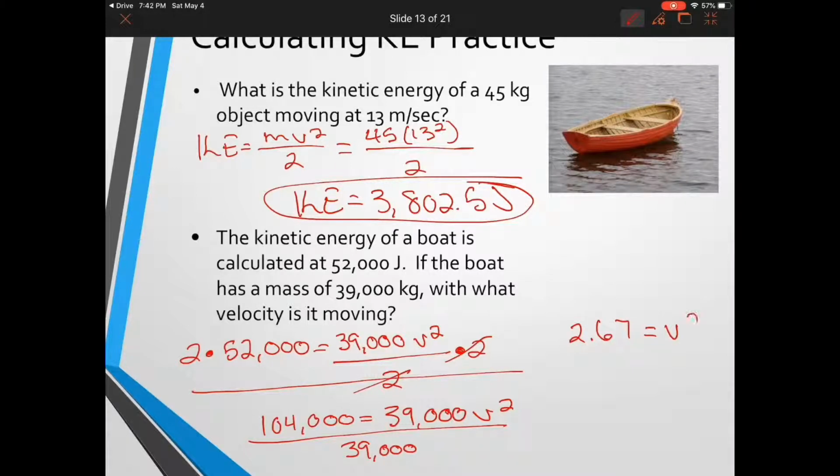And you should end up with 2.67 equals v squared. Then, in order to get rid of the squared, we have to square root both sides. So now, you've got to take the square root of 2.67, and you should end up with a number of 1.63 meters per second.